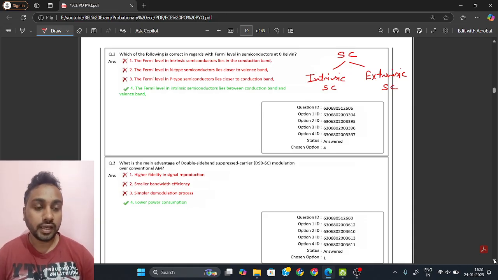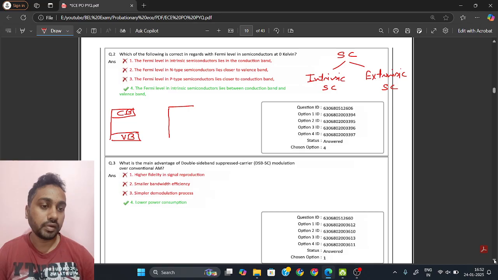If you see the energy band diagram, it will be like this. This is your valence band and this is your conduction band, and we will make three diagrams. First we draw this diagram.